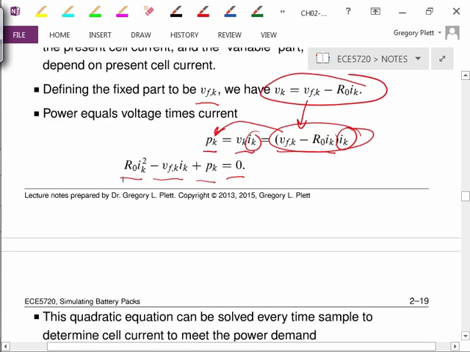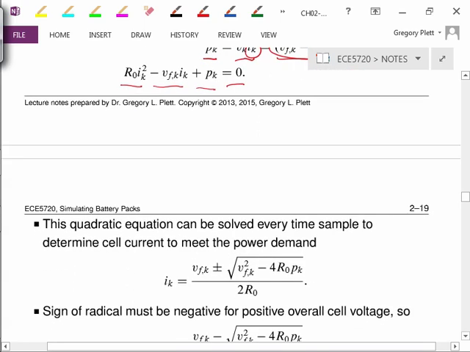I have a quadratic equation in I, and I can solve it, and I can get a value of current for any desired power.